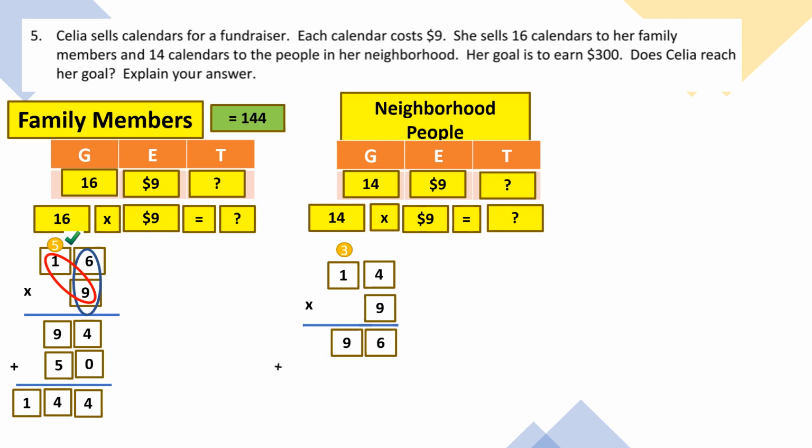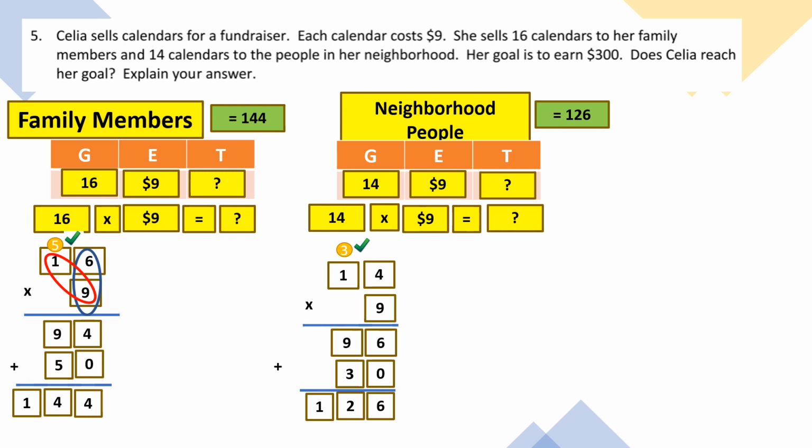So we have to go ahead and add that 30 to our solution of 96. And we start adding with the ones place. 6 plus 0 is 6. And 9 plus 3 is 12. So that means that she raised $126 selling to the people in the neighborhood.